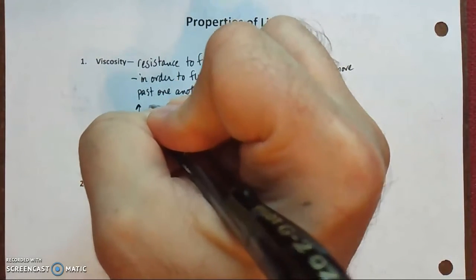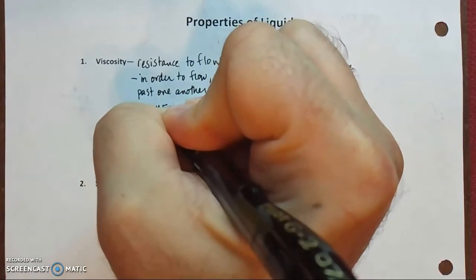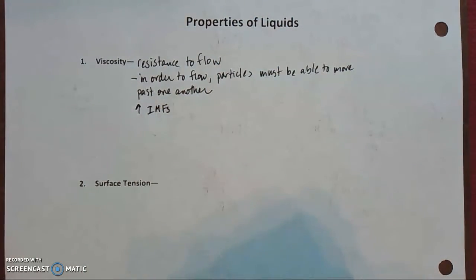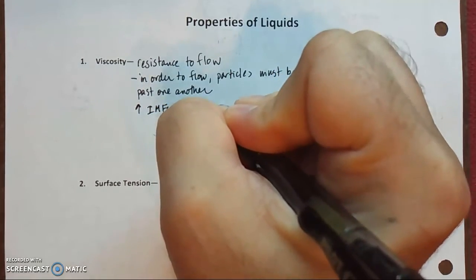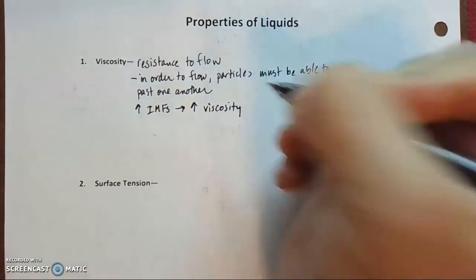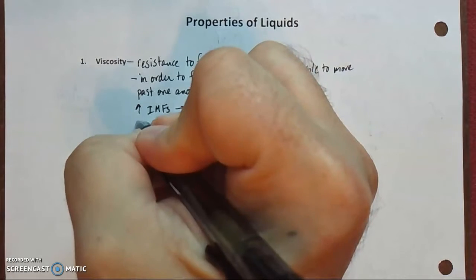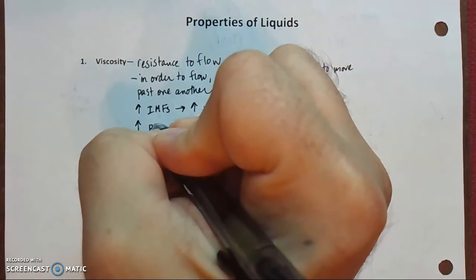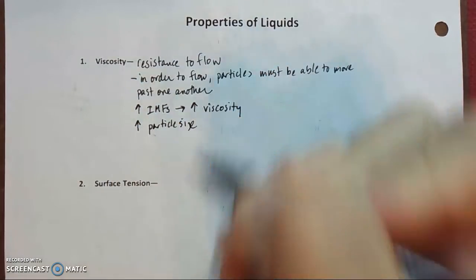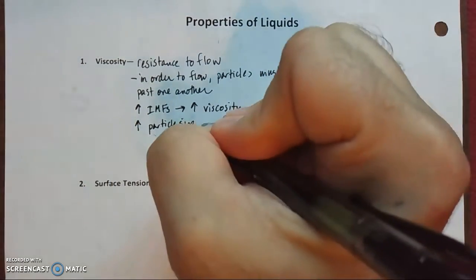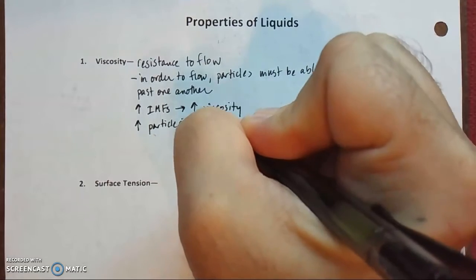So if we increase the intermolecular forces between the particles, we increase the viscosity. If we increase particle size, so we can use formula mass for that, we can increase the viscosity.